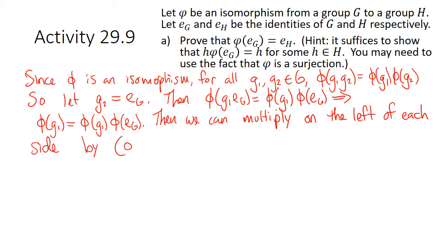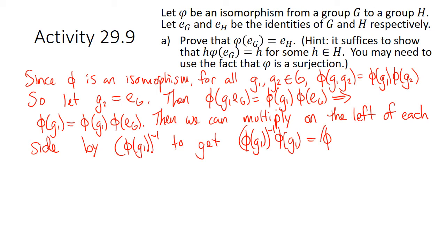So I'm going to multiply by phi of g1 inverse to get the following. So this will be phi of g1 inverse times phi of g1, so that's going to cancel out. And then the same thing on the right. Or you could just use the group cancellation law, that's fine too. Phi of g1 inverse times phi of g1 times phi of EG.